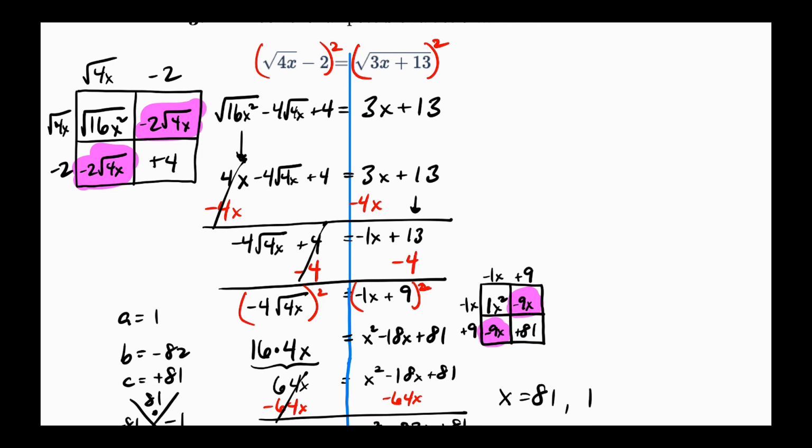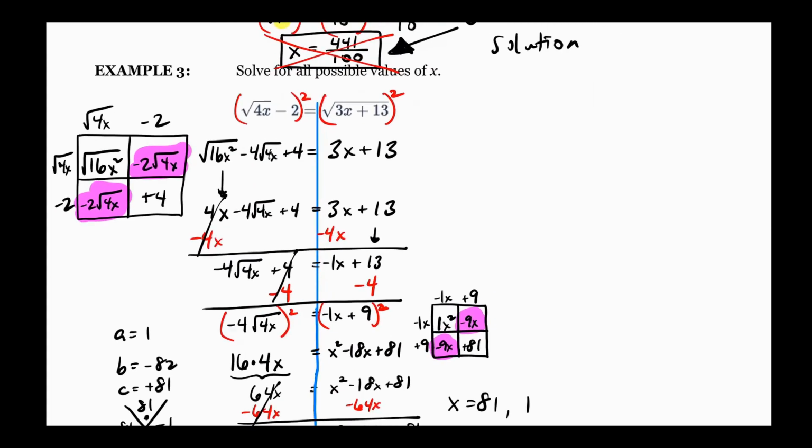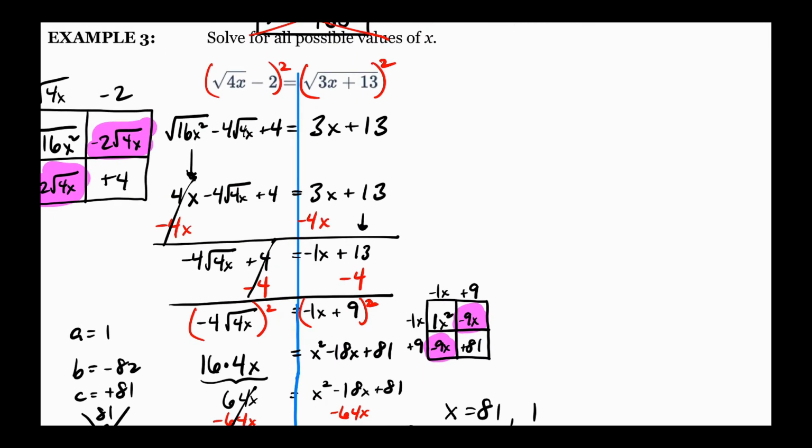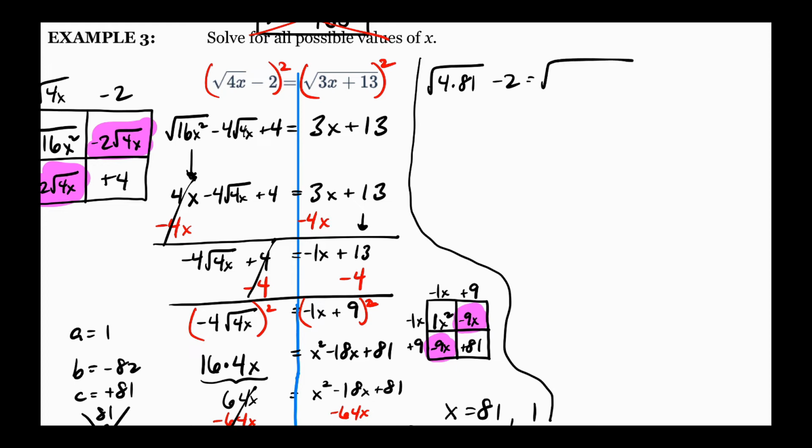You can do this in your head. You could do it on paper. It doesn't matter as long as you do it to make sure. Okay. So over here, I'm going to have square root of 4 times x, so 4 times 81, minus 2. 3 times 81 plus 13. Checking 81 first.